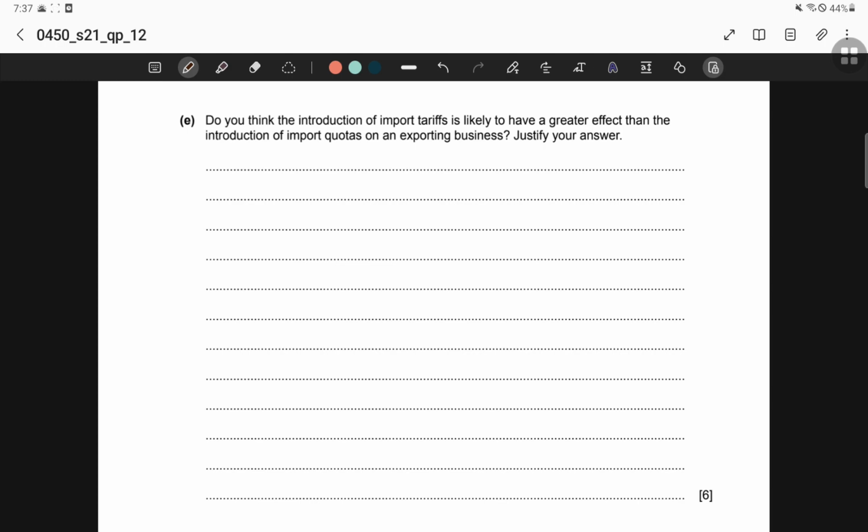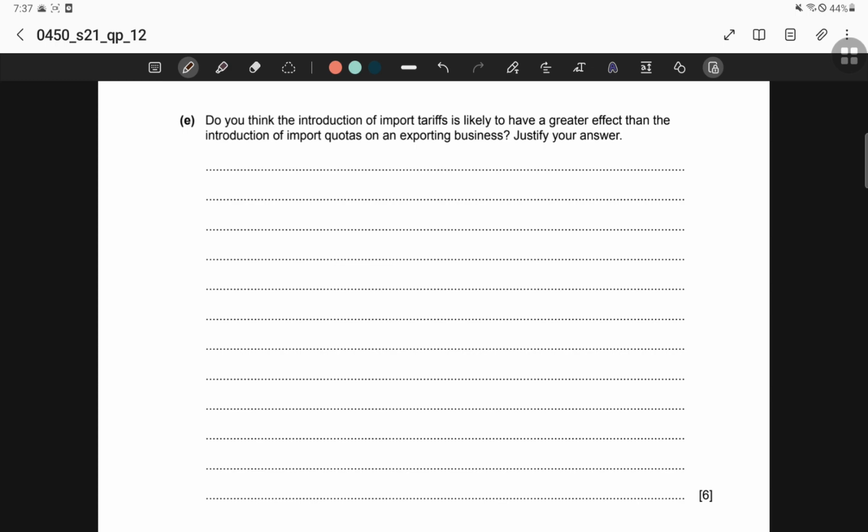If you were to think so, tariffs may lead to an increase in the prices of goods, which makes goods more expensive and makes the products less competitive, leading to fewer sales or less revenue. Another point is business may decide to maintain prices, not pass on price increase to customers, reducing profit margin.